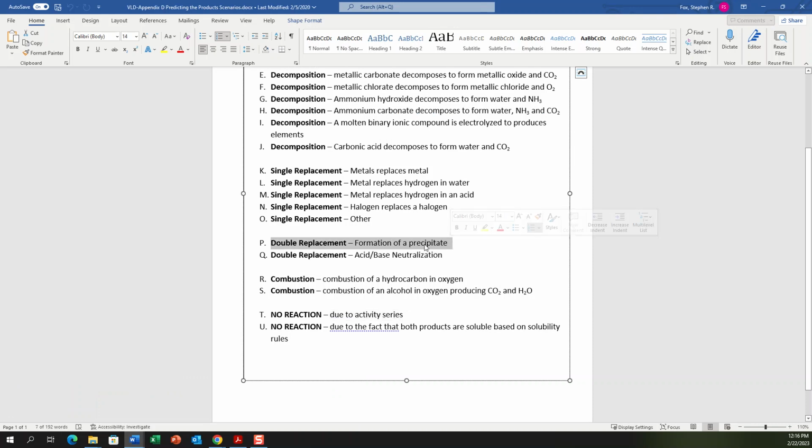If one of our compounds produced is insoluble, it'll form a precipitate. Or it'll be no reaction because both ionic compounds that could be produced from the reaction are soluble. So they stay dissolved and nothing changes, okay? So it's either going to be scenario P or scenario U when we're talking double replacement, okay?